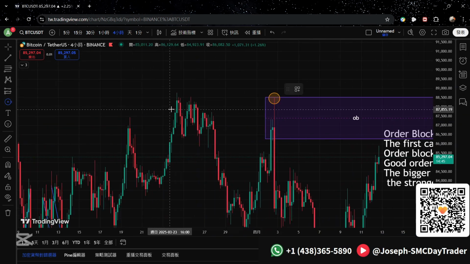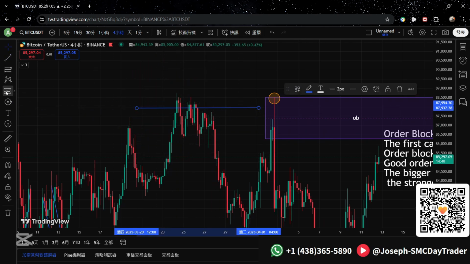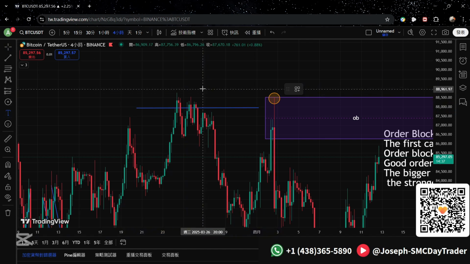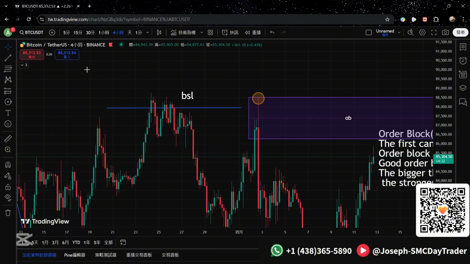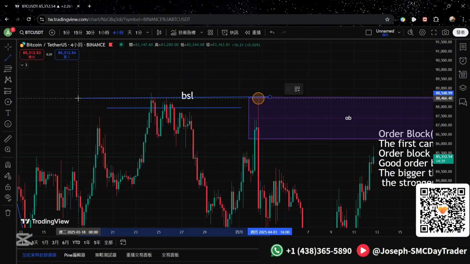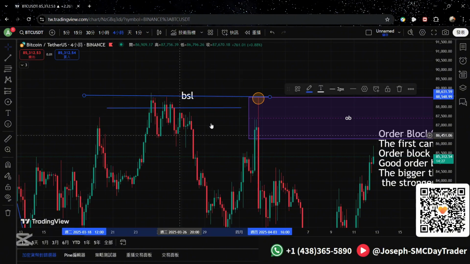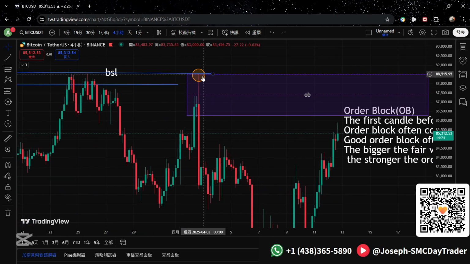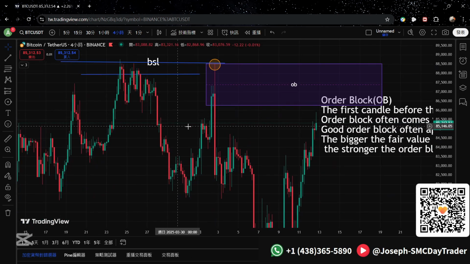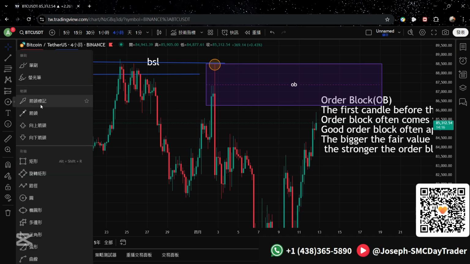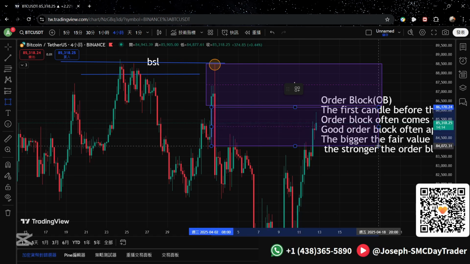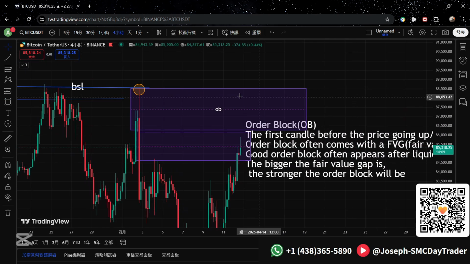You can see here there remains a lot of buy-side liquidity, so here we have a liquidity grab to hit all the stop losses. That makes this order block stronger. And the second thing is it makes a big fair value gap here. So these two things make this order block strong.